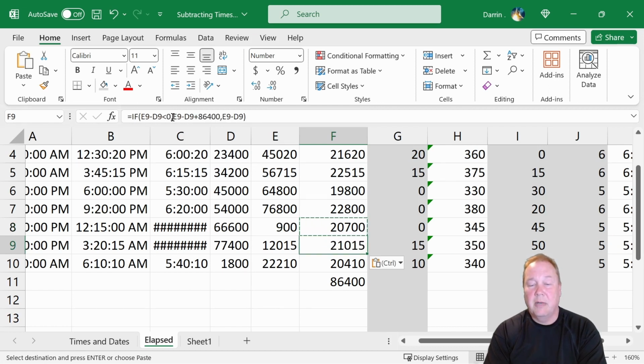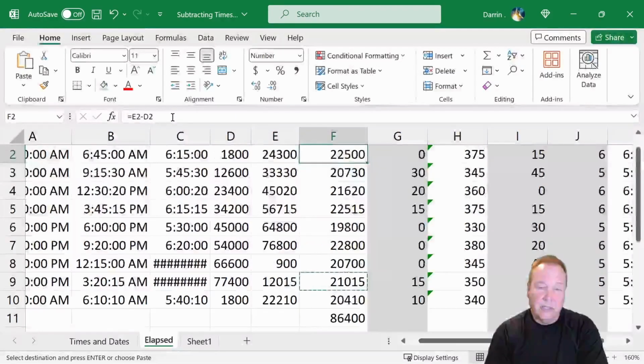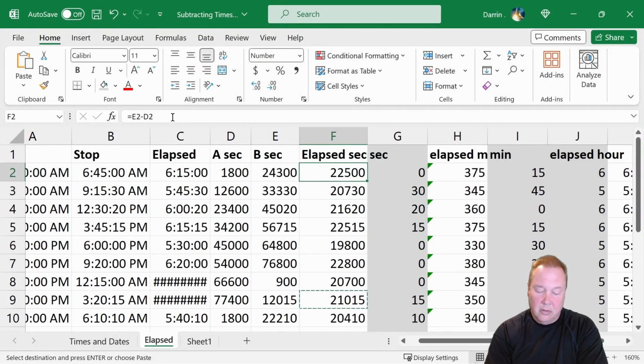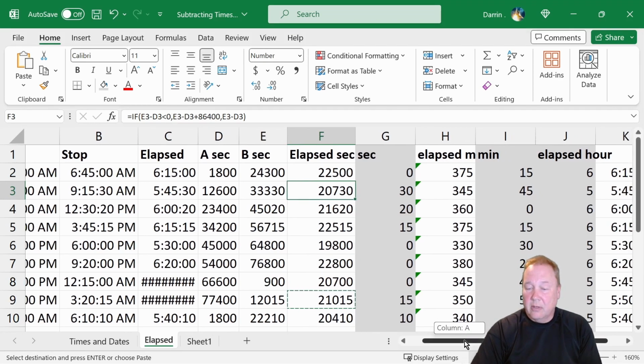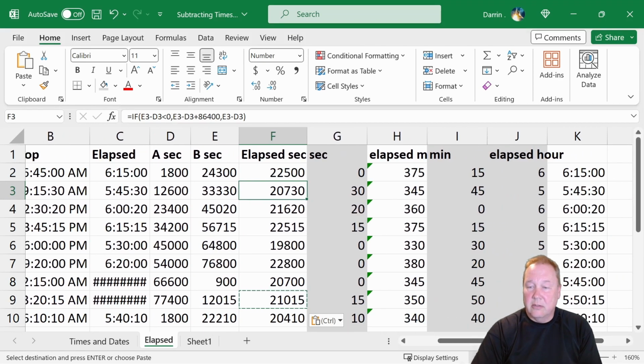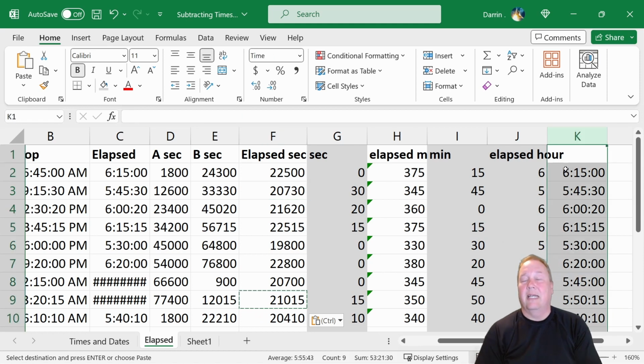And now those numbers are positive, and let's just copy this through the whole thing here. Make sure it doesn't create any other problems for us. Nope, none of the other numbers changed. So now you wind up with the correct elapsed time even with a midnight crossing.